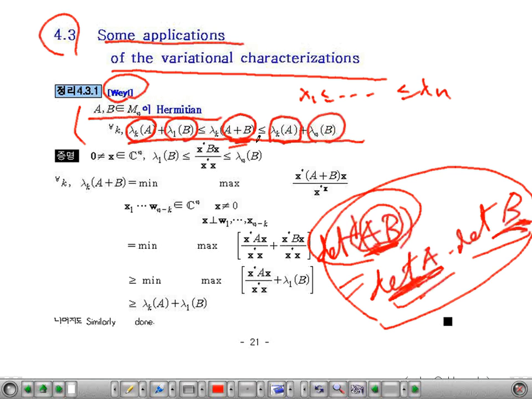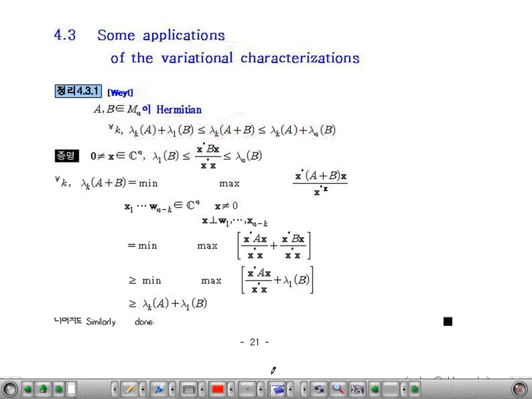What's the eigenvalue structure of A plus B compared to the eigenvalue structure of each one of them? If you find something, it will make a whole new area of work. So this must have been a very interesting problem when we started it.